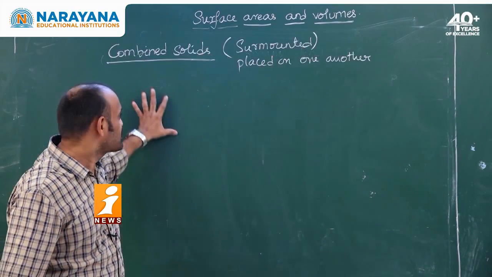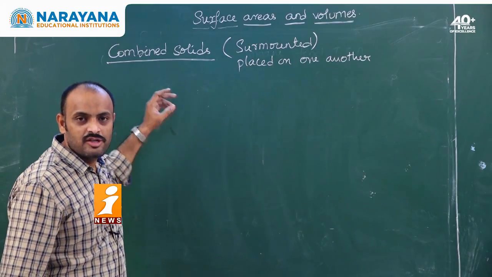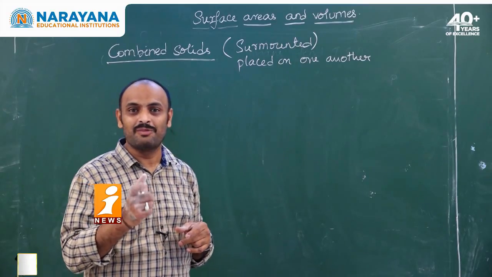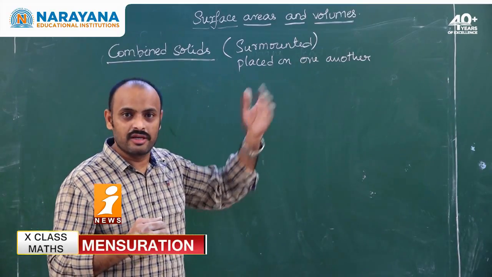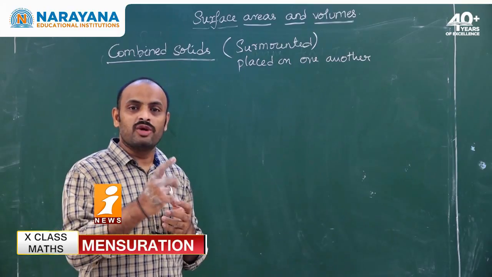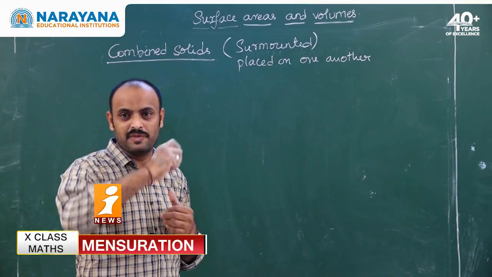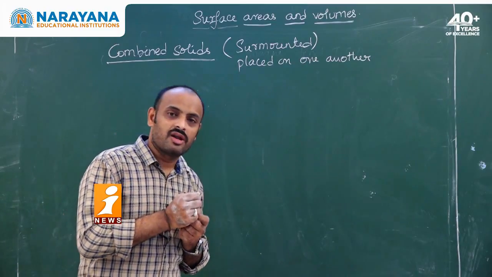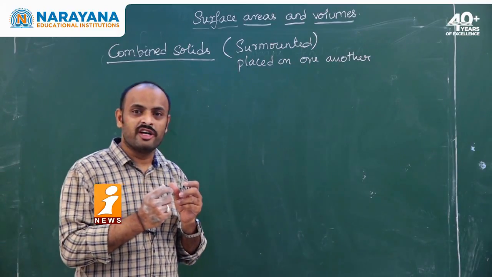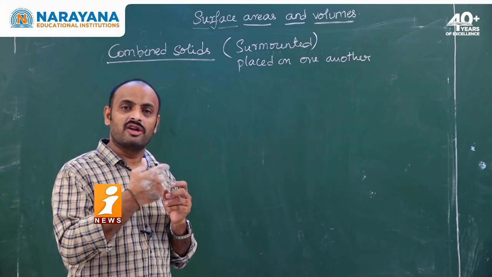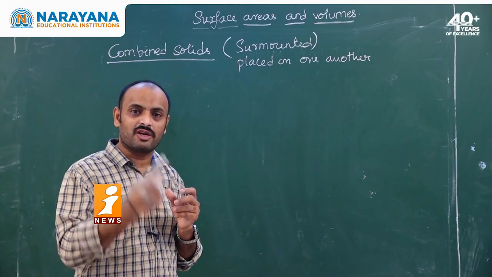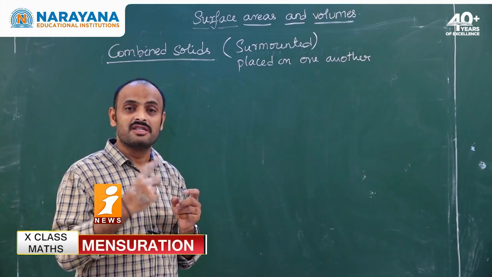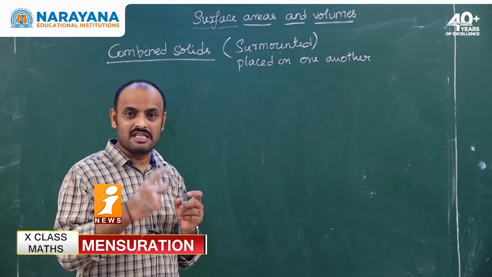Let's see, next comes combined solids. In combined solids, you are going to see words like surmounted or placed on one another. So a cone is surmounted on a hemisphere, a cone is surmounted on a cylinder, or a cylinder is joined with 2 hemispheres, or 2 hemispheres stuck to either end of the cylinder.